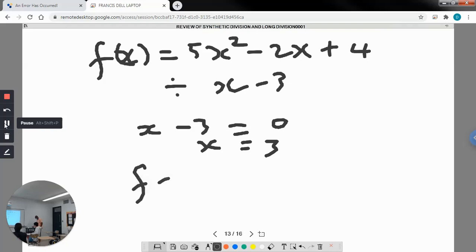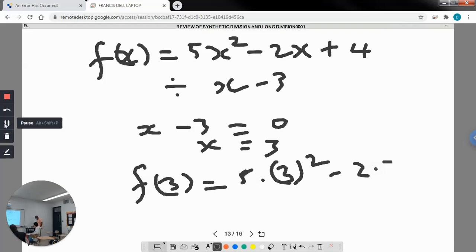So f of 3 is equal to 5 multiplied by 3 squared, minus 2 times 3 plus 4. And that is going to give us 5 multiplied by 9, minus 2 times 3, which is 6, plus 4.